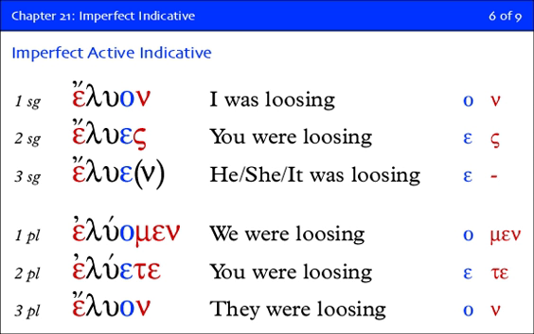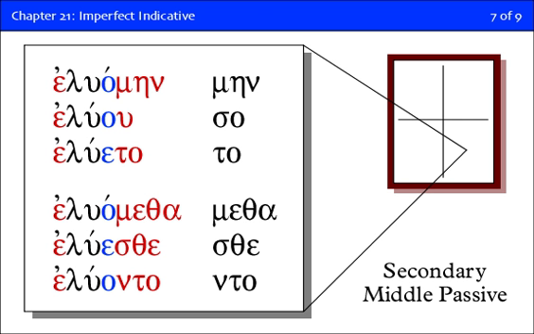And as I said, the imperfect indicates always continuous action, normally in the past time. So I was loosing, you were loosing, he, she, it was loosing, and so forth. In the lower right quadrant of the master personal ending chart are the secondary middle passive endings.